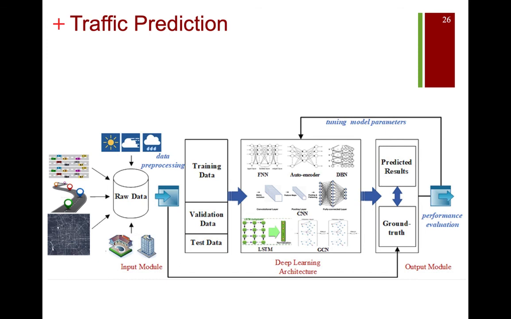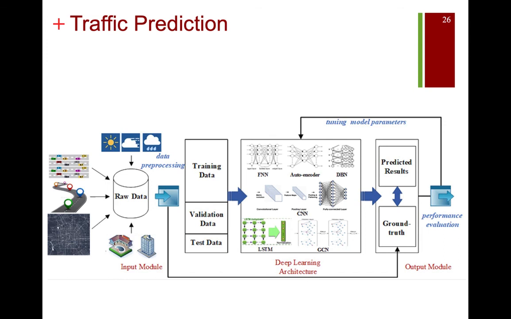So the raw data of the traffic measurements, such as flow or occupancy or also the speed, are captured by different data collection methods, and most of them are captured by the road detectors installed on the roads, and some of them are based on the vehicle trajectories.